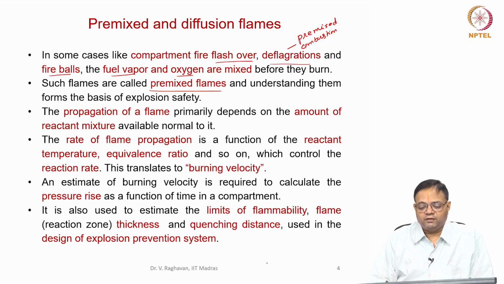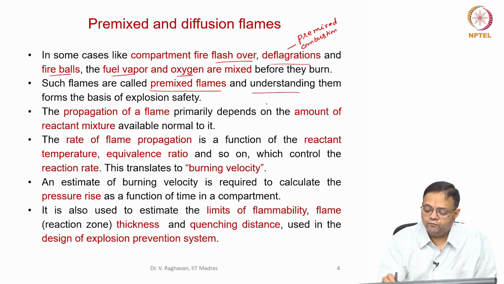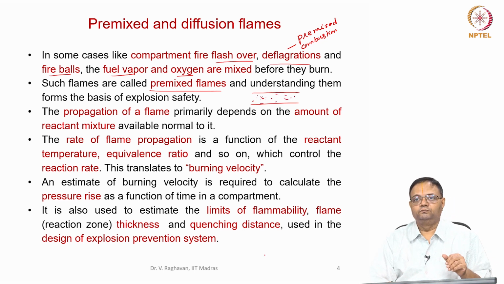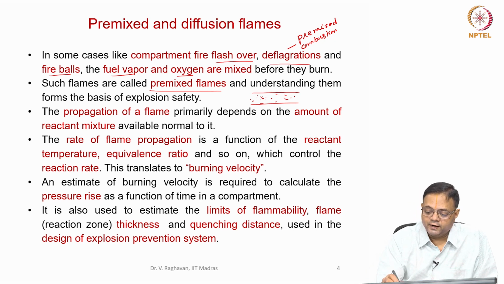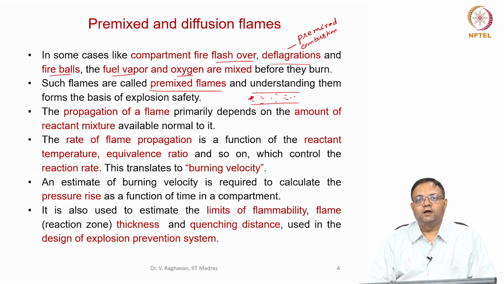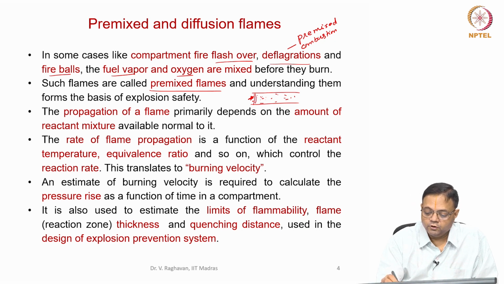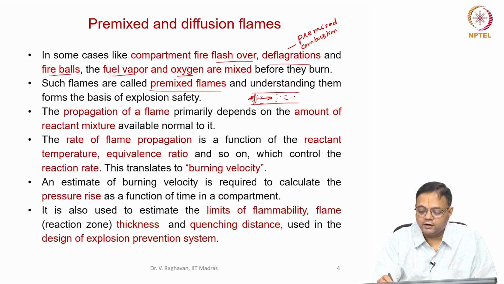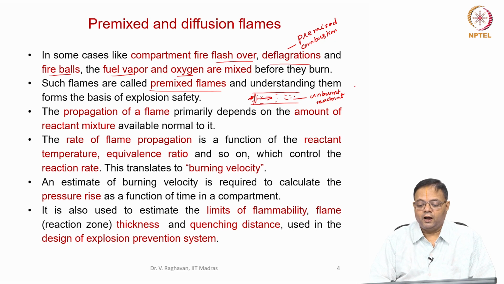Okay, now, when I say premixed flame, let us consider a simple example. You have a duct in which a flammable reactant mixture is present. Now, when I ignite this at one of the ends, a flame forms, and the flame travels towards the unburnt reactant mixture and consumes it.